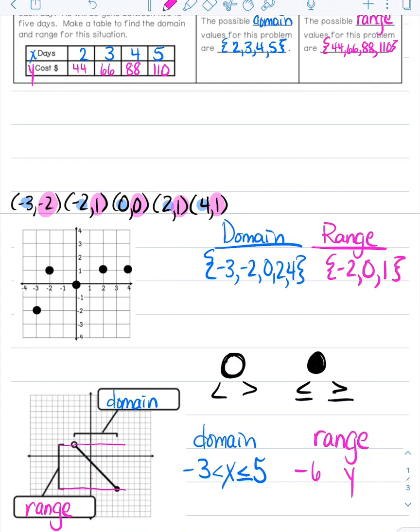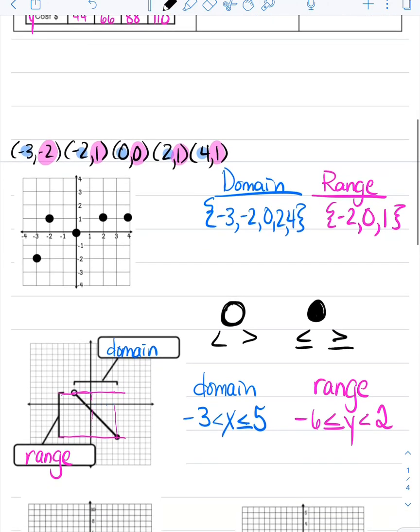And the greatest y value I see is 2. And so y is greater than, and it's a closed dot, so or equal to -6, and y is less than, it's an open dot, so it's just less than 2. So that's how you write your range using inequalities.